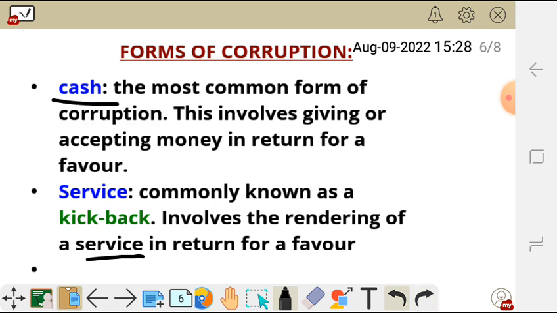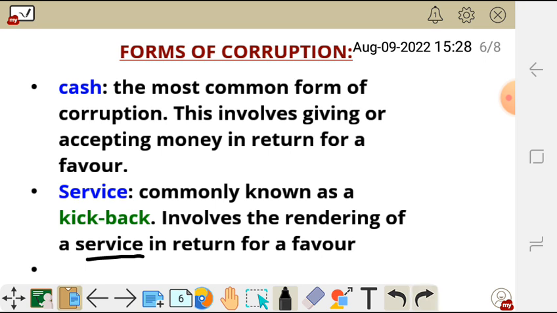This involves giving or accepting money in return for a favor. So if you give or accept money in return for a favor, then that is corruption in the form of cash.